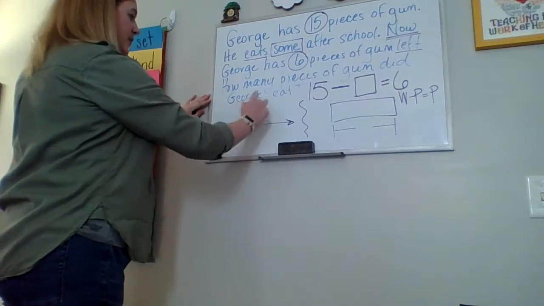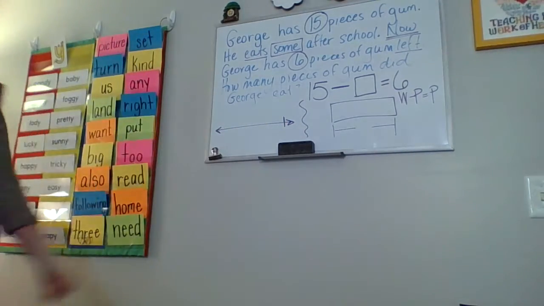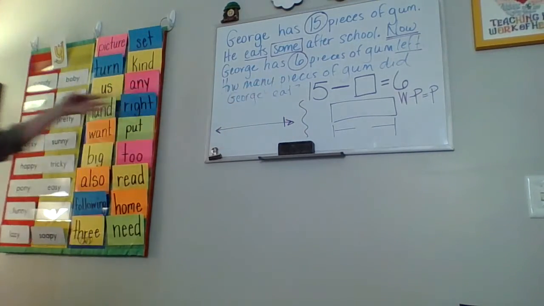We're not going to go this way and hop. We're going to hop backwards. So you're going to start on this side and go this way. So you're solving 15 minus unknown equals 6. Once you have finished solving that problem, go ahead and stand up.